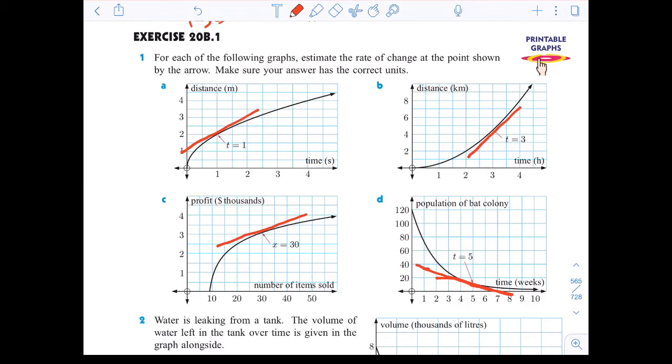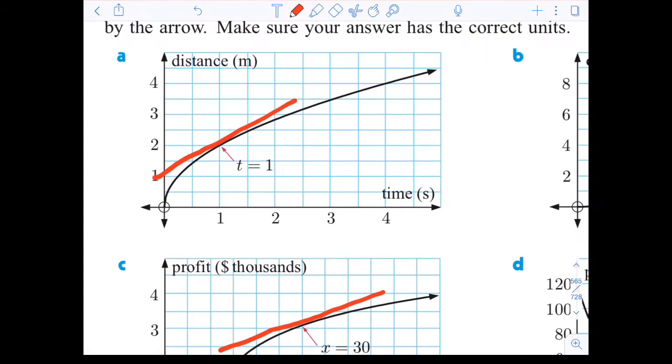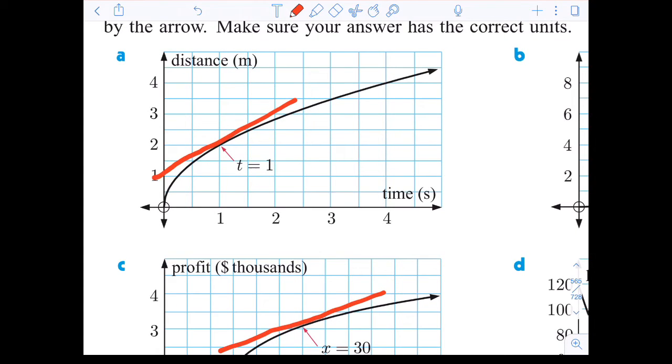So if we're trying to find the slope of these ones, we just need to choose some points that are on the tangent line as best as we can. The line's not necessarily completely straight, but I just try to find some spots along that tangent line. Maybe I pick one here, and maybe the spot over here, and I find the slope between those.